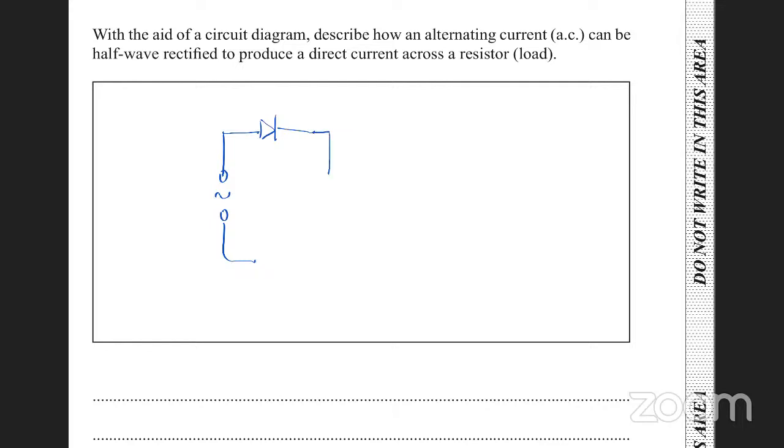So you connect the diode, you connect a little resistor, and you put a voltmeter around it, right? The voltage will look like this. What does the voltage look like here? Elena? What does the voltage look like after it's half-wave rectified? Right, half of the wave will show.